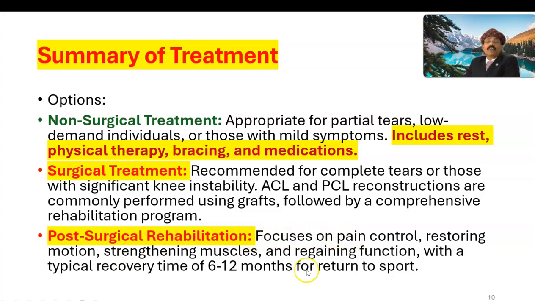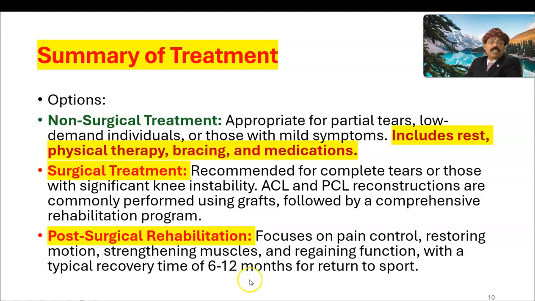Post-surgical rehabilitation focuses on pain control, restoring motion, strengthening the muscle and the ligament, and improving the function of the knee joint, with a typical recovery time of 6 to 12 months for return to the sport. So this is a long-lasting rehabilitation.